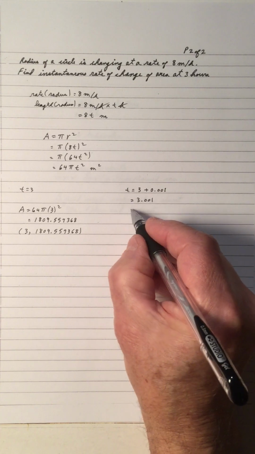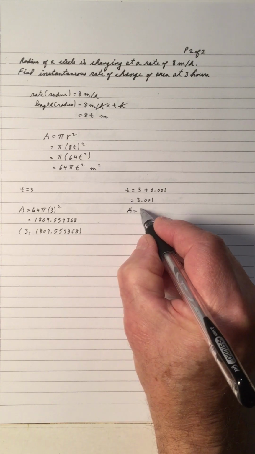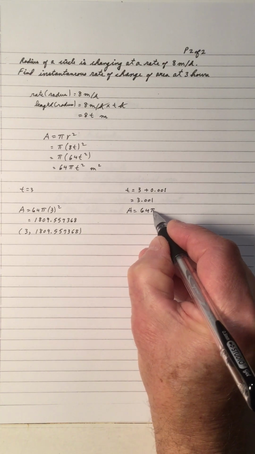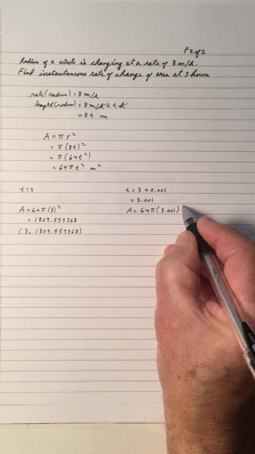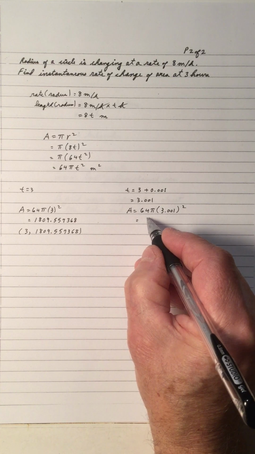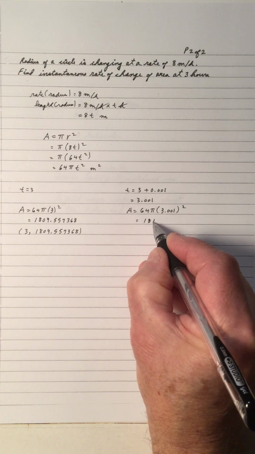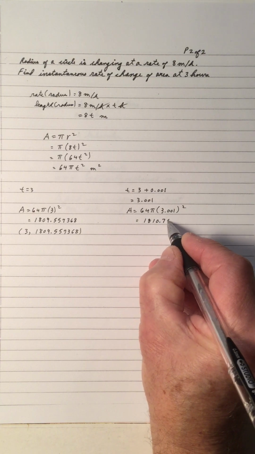Now I'm using this time, so the area is 64 pi, and the time is 3.001 squared. And when you work that out, you get 1810, and use your calculator.